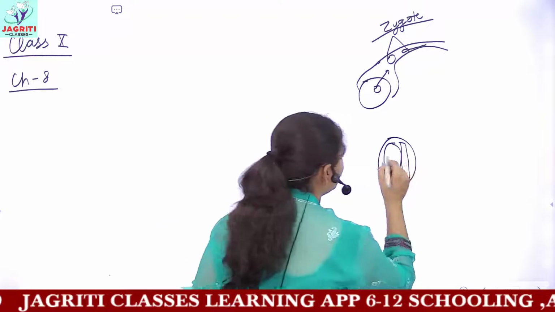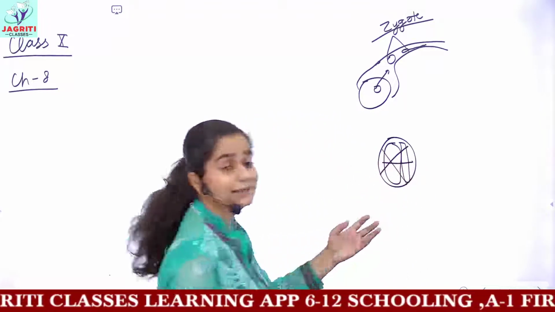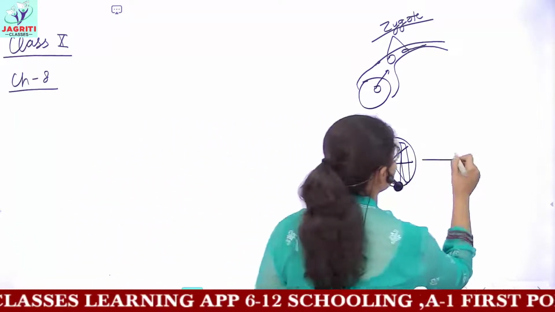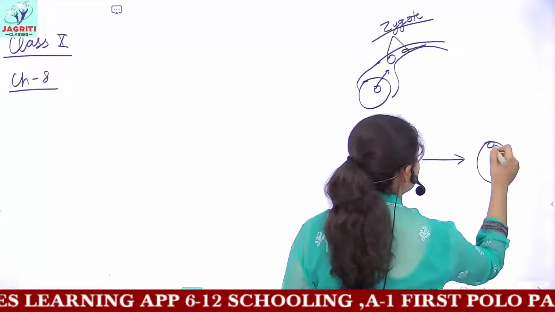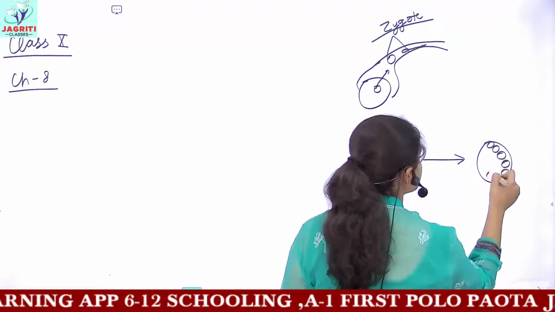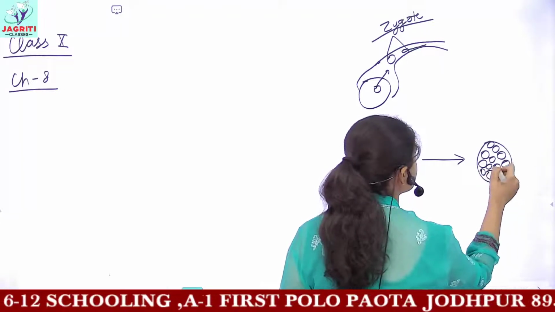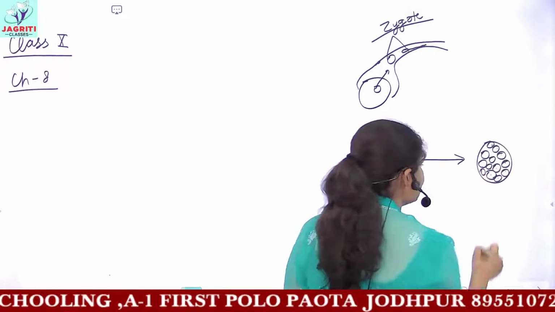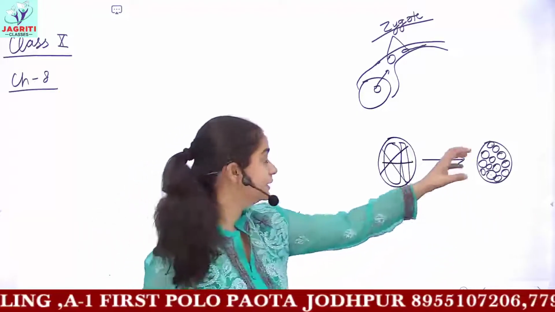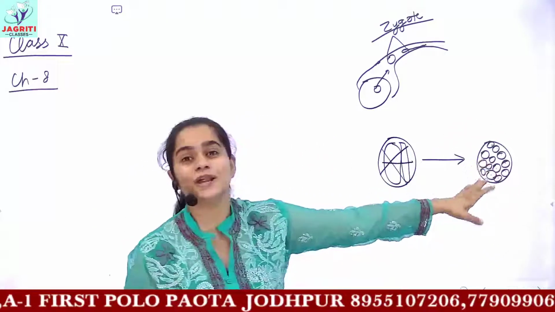Then it undergoes continuous division, and at last you have a stage in which a large number of cells are formed as a result of multiple divisions. This structure, containing a large number of cells, is known as an embryo.